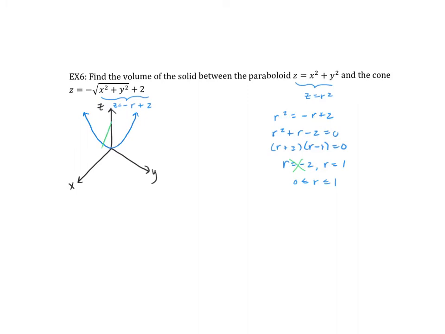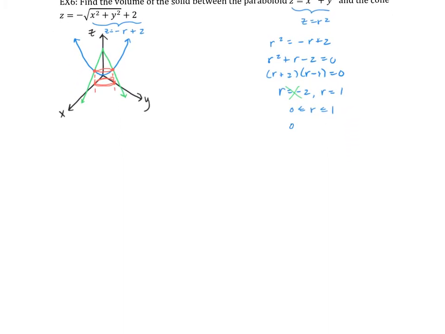So I'll just put that in a different color. So these intersect at these points here, and projecting this down, that would be when r is equal to 1, because it's projected down to the x and the y as 1. So this shadow is a circle in the xy plane, which tells me that my theta values are going to go from 0 to 2 pi.